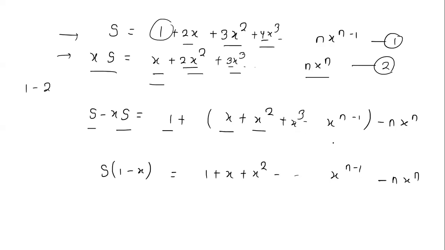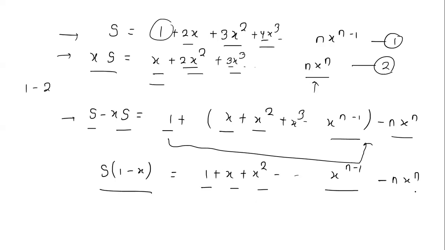This will happen up to x power n minus 1, and in the last there is this term remaining, minus n times x power n. Now if you combine 1 with this, it becomes 1 plus x plus x square up to x power n minus 1, and after taking S common, it becomes S times (1 minus x), and this is minus n times x power n.